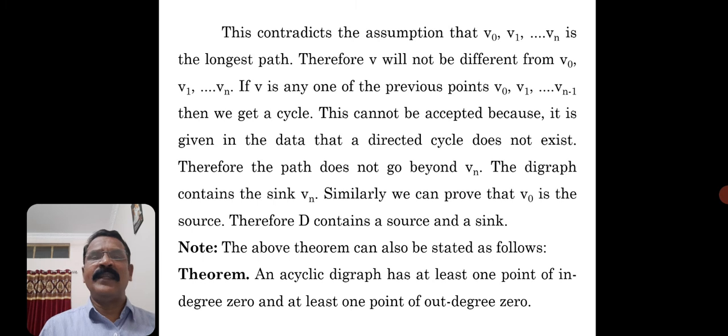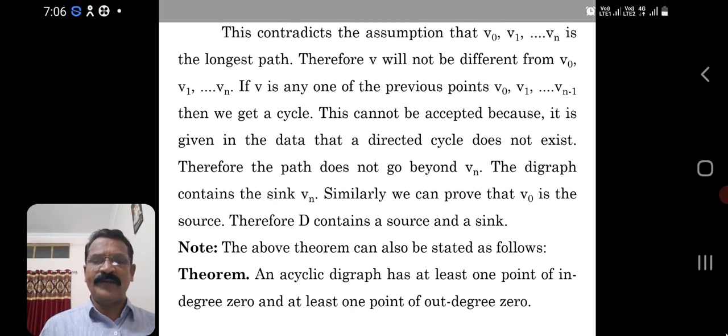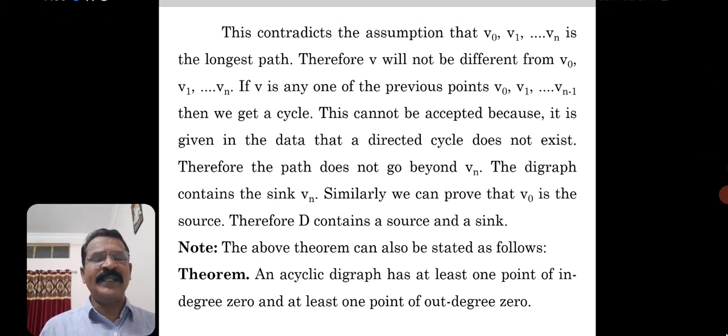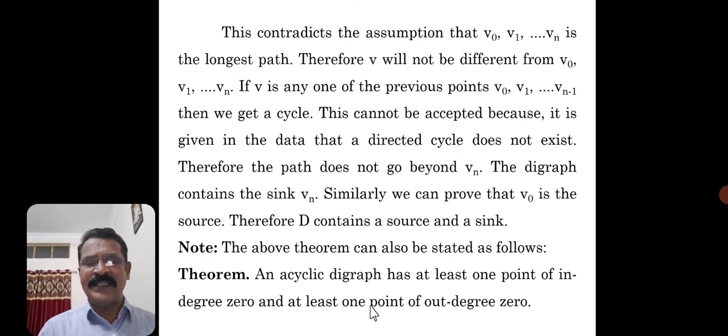Okay, let me consider a note. The above theorem can also be stated as follows. The same theorem which we have discussed, you may state in another way also. No cycle means it is acyclic. An acyclic digraph has at least one point of in degree 0 and at least one vertex of out degree 0.